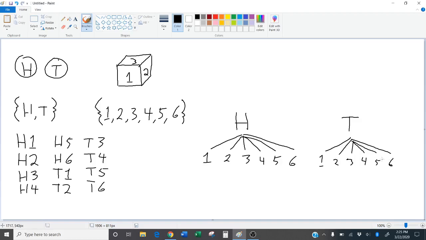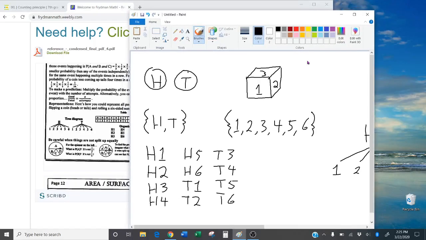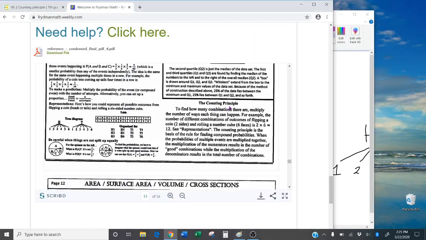Now, if I don't want to go through all of the trouble of writing an organized list or drawing a tree diagram, is there a faster way that I can figure out that there are 12 different combinations of doing this? Well, yes, there is, and that's what we talked about over here in the counting principle.